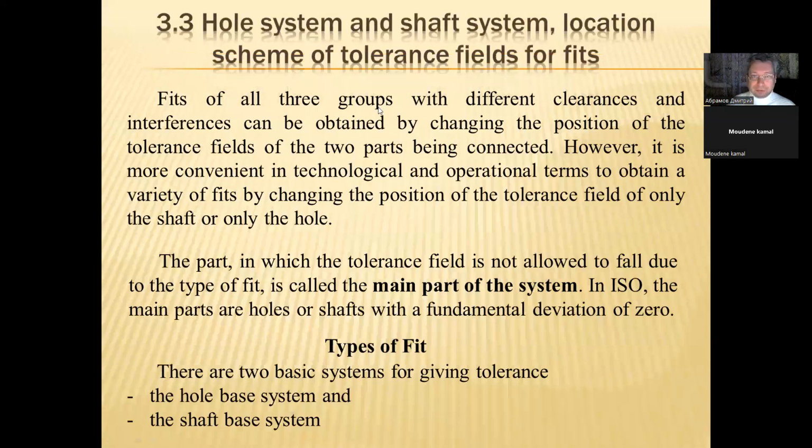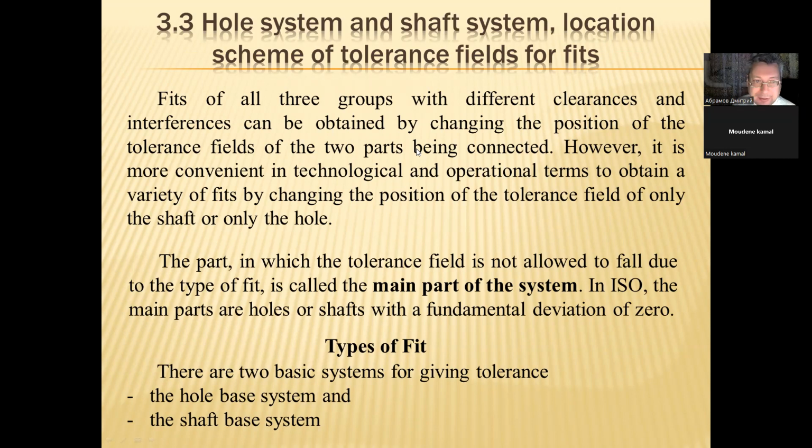Hole system and shaft system. Location scheme of tolerance fields for fits. Fits of all these groups with different clearances and interferences can be obtained by changing the position of the tolerance fields of the two parts being connected.